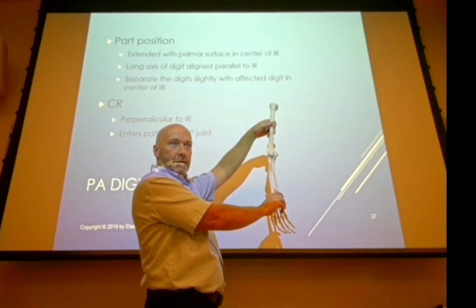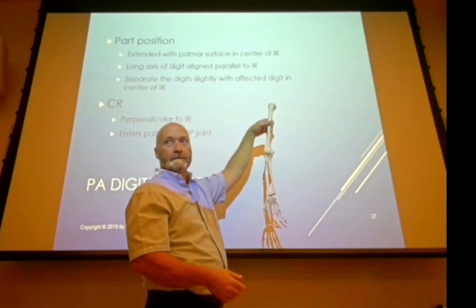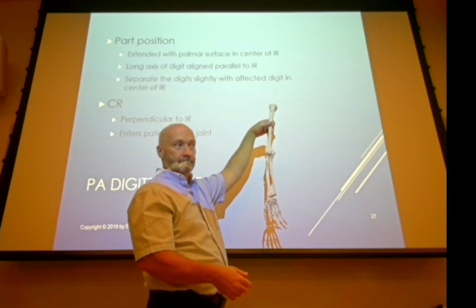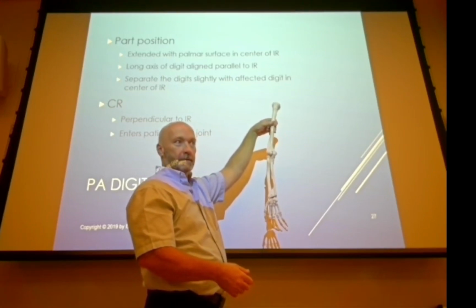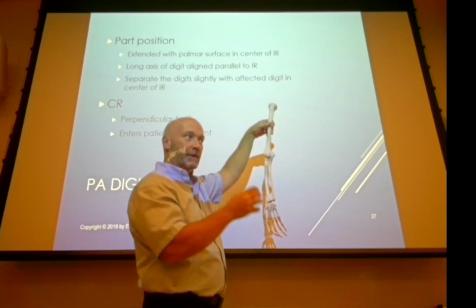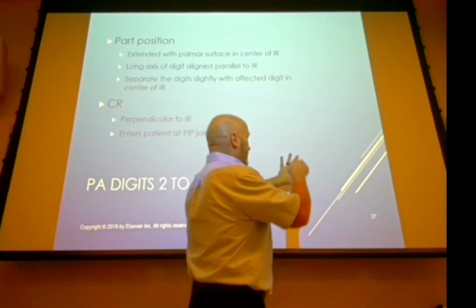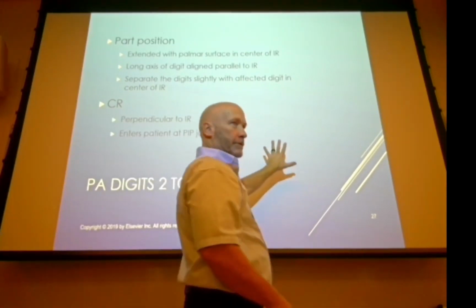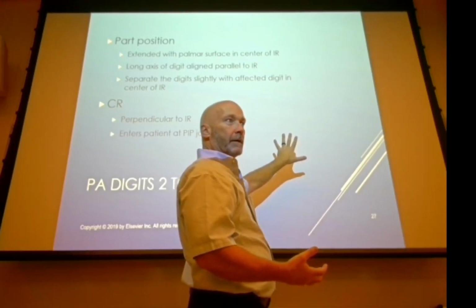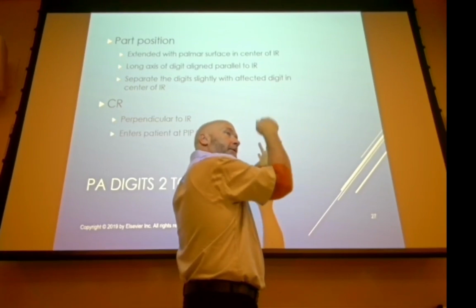The projector is perpendicular to the anatomy. Can you tie those two together? So in our hand, our central ray is going to be perpendicular to that knuckle, right? But in order to see that open joint space, it has to be parallel to the joint space.